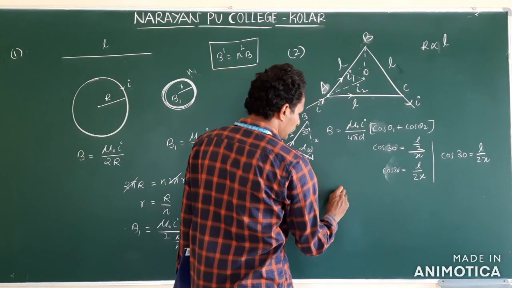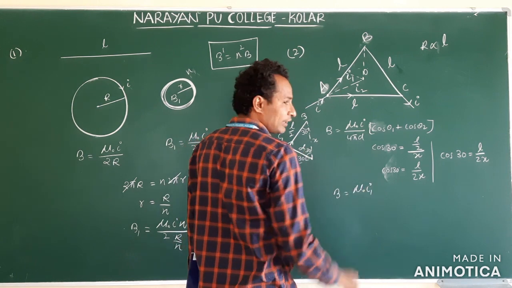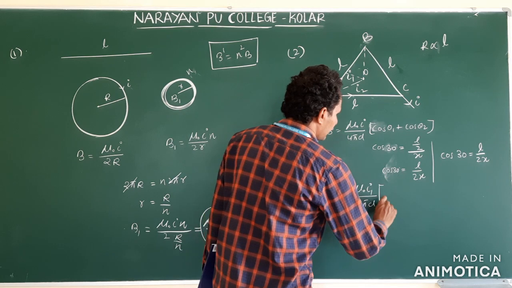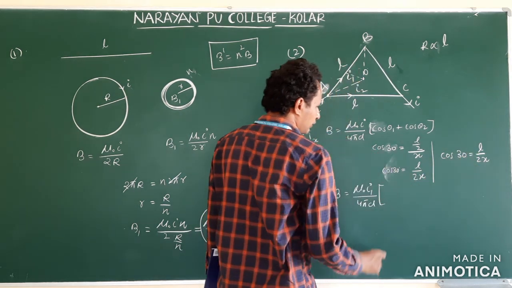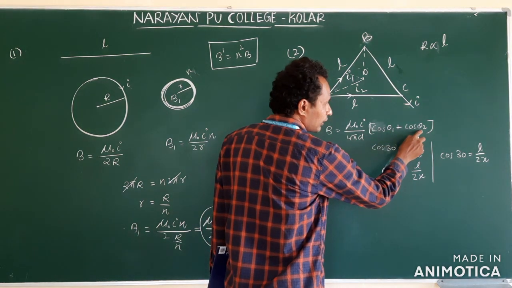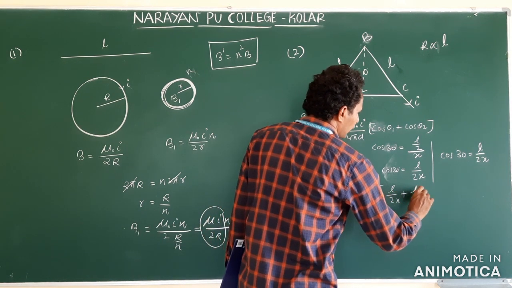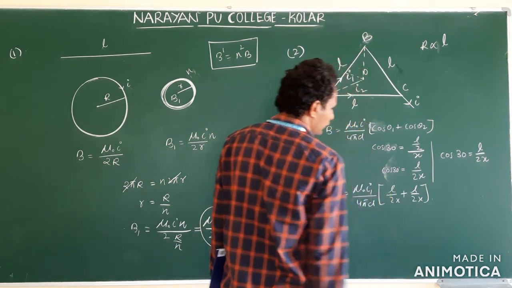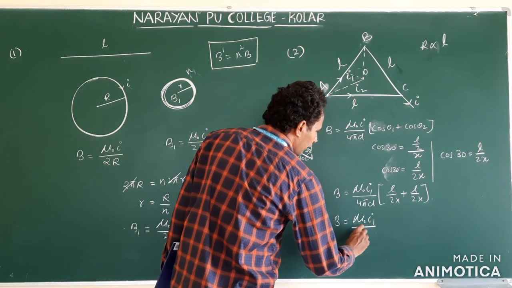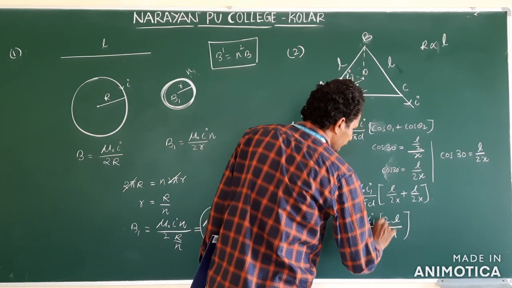Now if you substitute this here, B is equal to mu naught I, what is the current here, I1, by 4 pi d times L by 2x plus L by 2x. Theta 1 is 30, theta 2 is 30, so in both cases we got the same. So B is equal to mu naught I1 by 4 pi d times 2L by 2x.